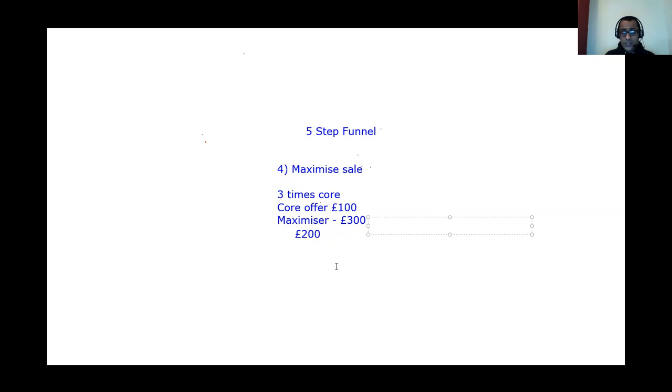And then if they've taken all of these, you want to create a recurring income. So 5 would be create a recurring income.